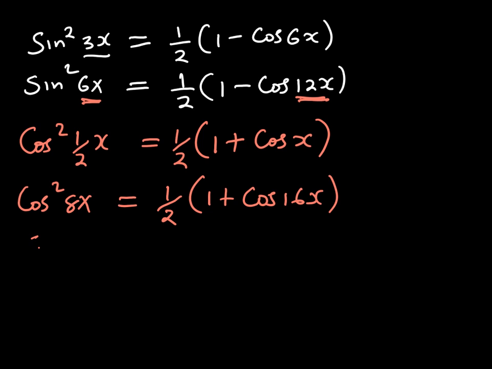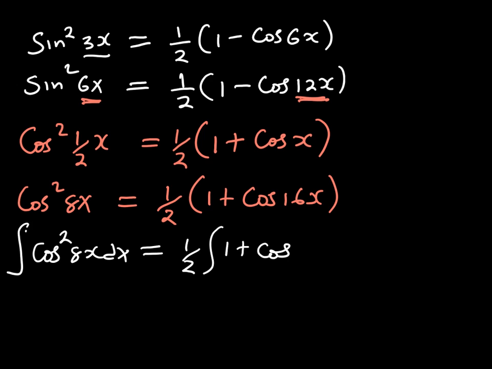So if I'm told to integrate cos squared of 8x dx, simply write a half times the integral of 1 plus cos of 16x with respect to x.